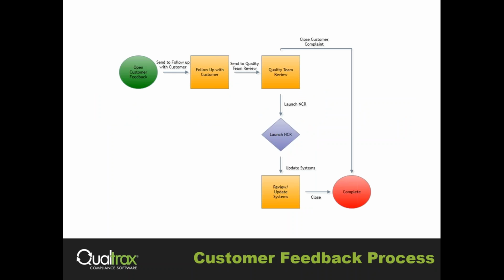Lastly, we have the customer feedback workflow. This workflow outlines requirements for capturing complaints or OFIs. Classifications can be set per type of feedback. The review update system step requires feedback to be classified and risk evaluated.